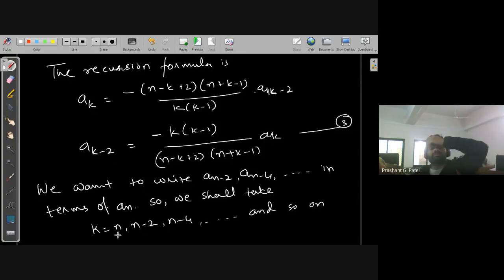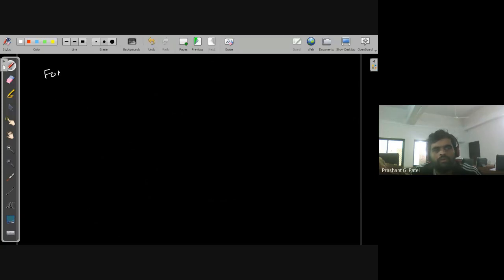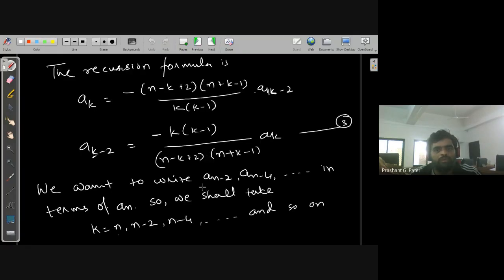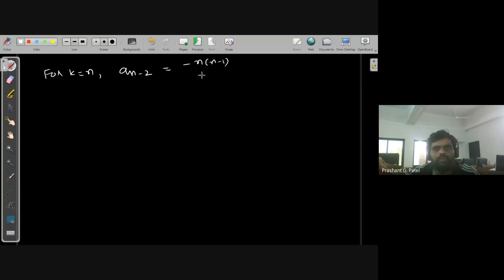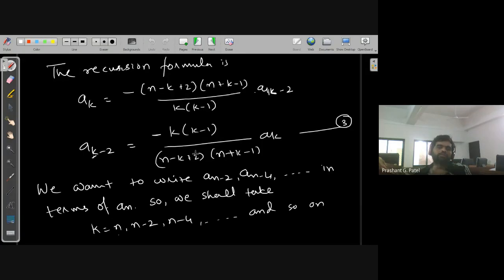So for k equal to n, we will have an minus 2, which gives minus n into n minus 1 upon, in the denominator, 2 into 2n minus 1, because instead of k we have to replace n, and this is an.